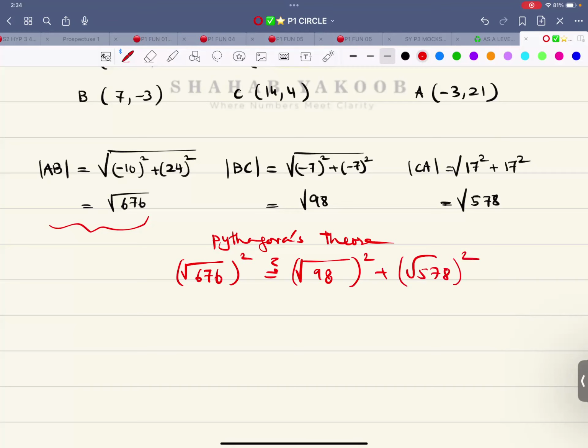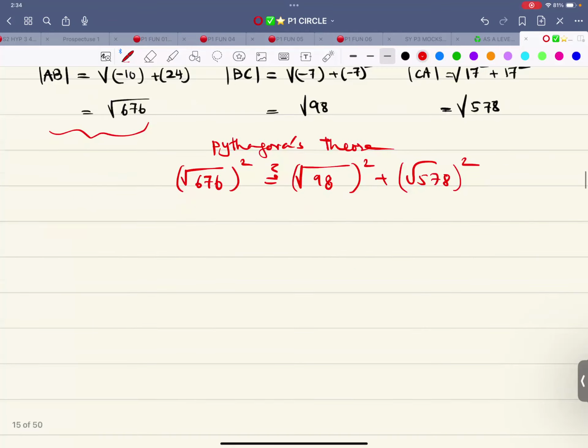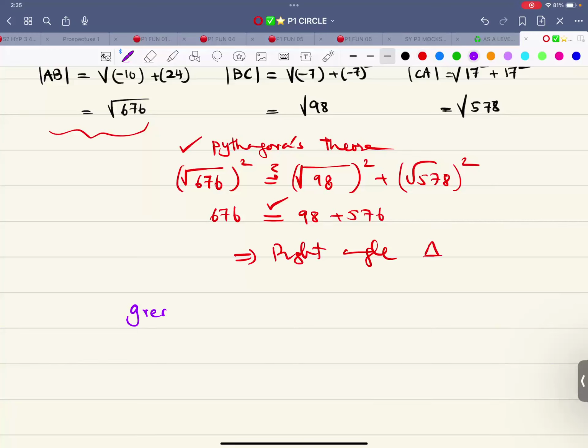So 578 plus 98, yes, that's exactly 676. This is 676. This is 98. This is 578. Yes, it's equal. It fulfills Pythagoras theorem. Therefore, it's a right angle triangle. That means the greatest length is which one? That is AB. So in other words, AB is the hypotenuse.